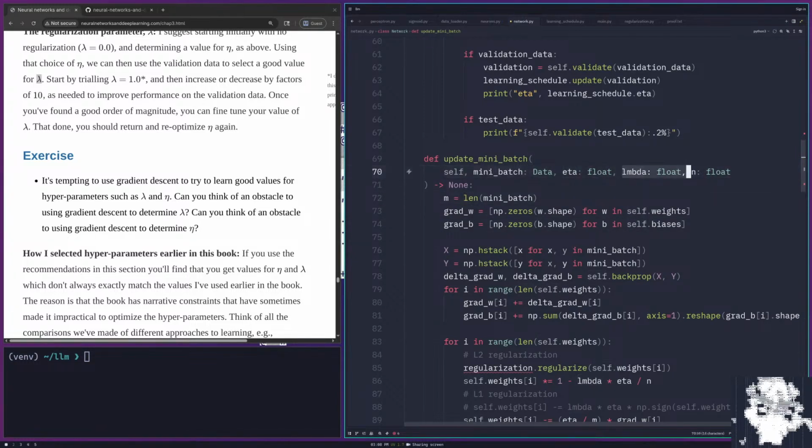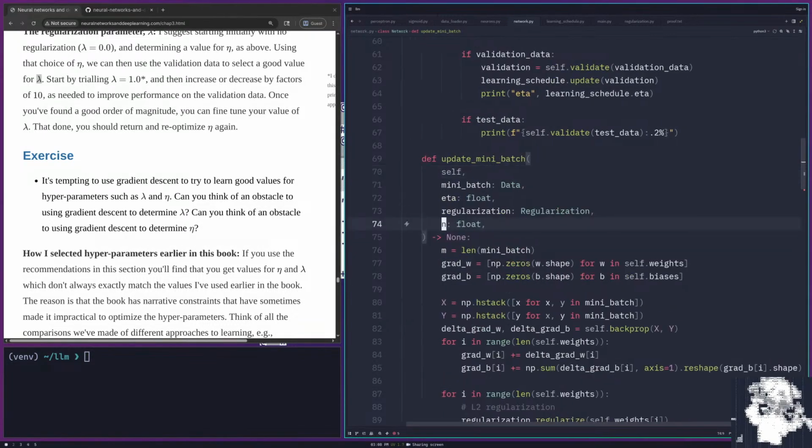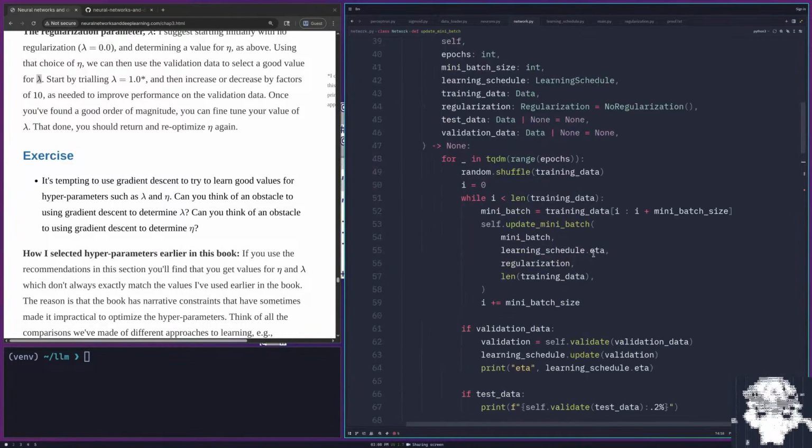So you don't get lambda, you get regularization.